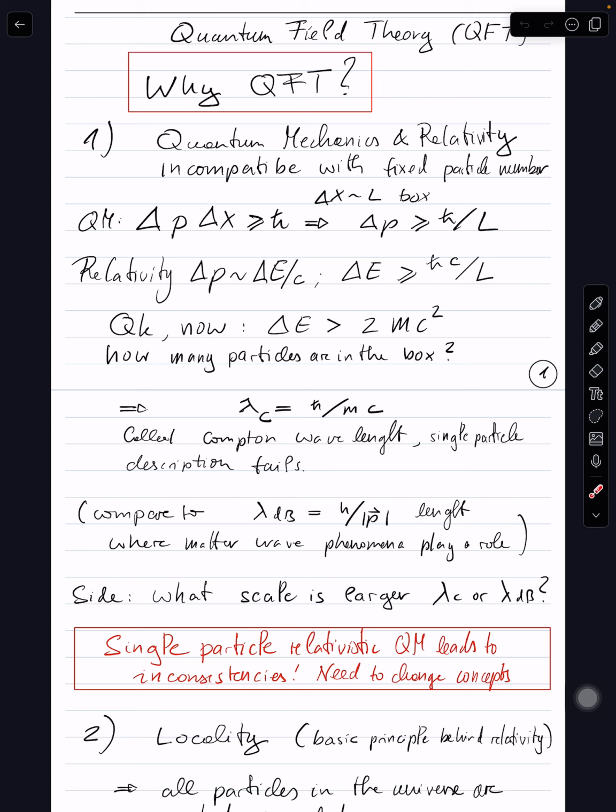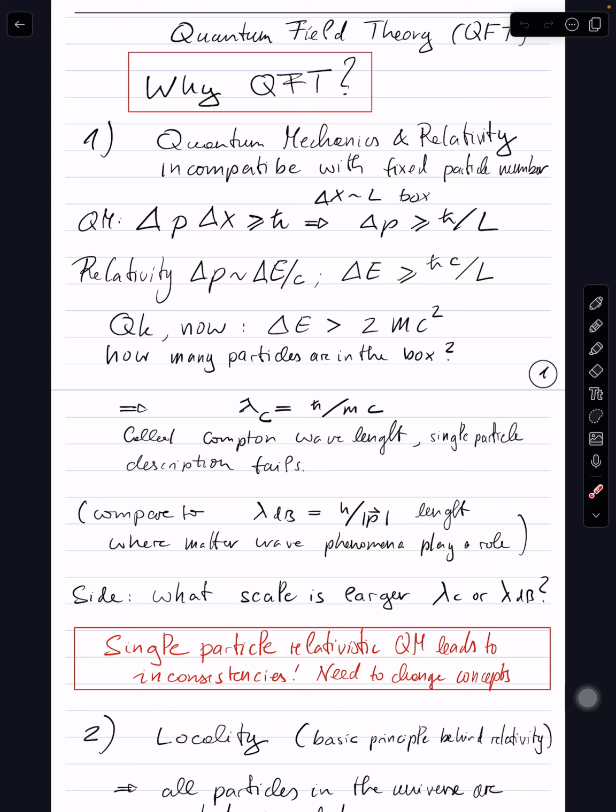And if that is true, we know that its momentum uncertainty, just rewriting this inequality, is larger than this minimal value h bar divided by L, the size of the box. Okay, this is one step. Now we bring in relativity. There we know that momenta are related to energies, essentially at large momenta.